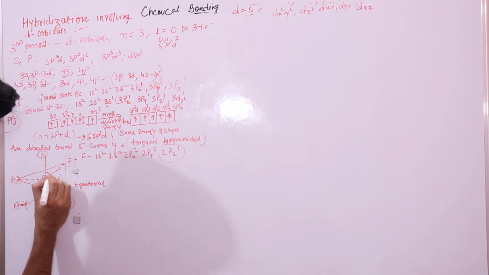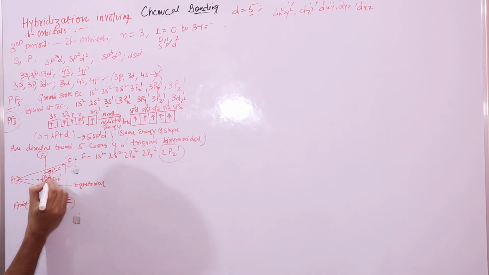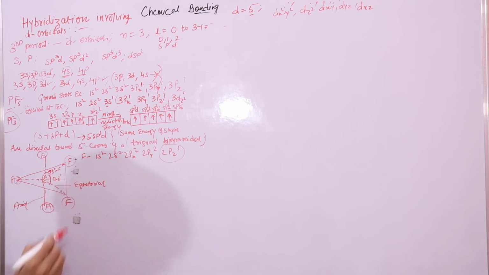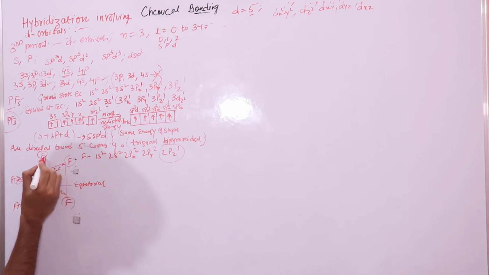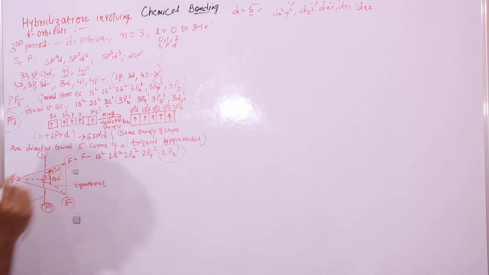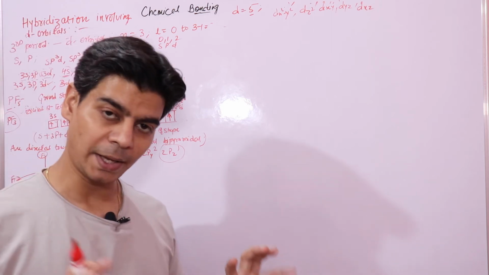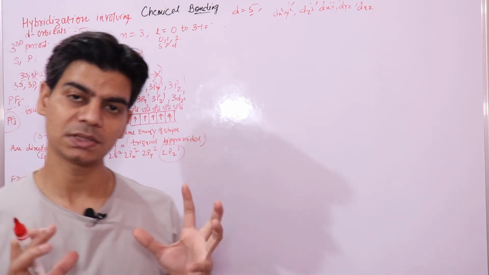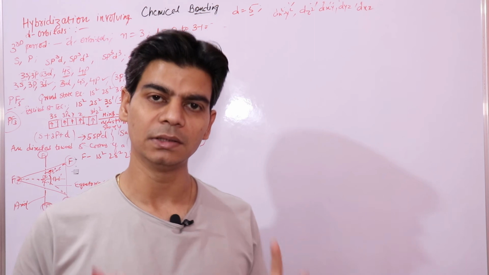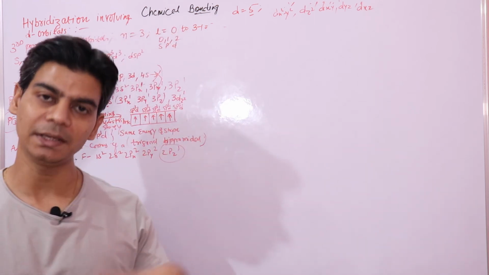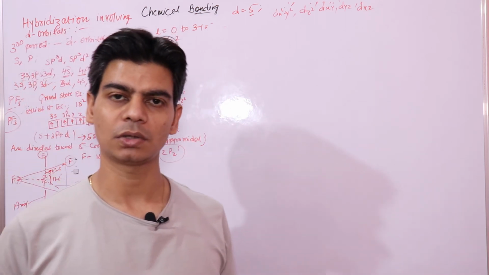If you look at this angle, it would be 90 degrees, right? And this angle between equatorial bonds is 120 degrees, and the angle between an equatorial bond and this axial bond is 90 degrees, right? 120 degrees, 90 degrees. That means the angles between all the bonds are not the same, right?